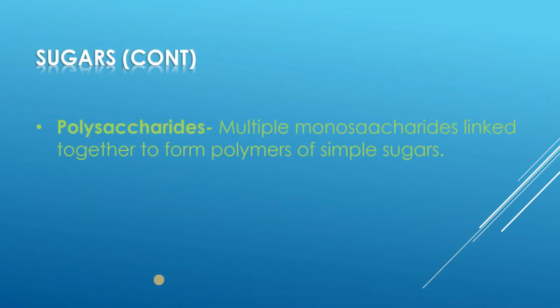Another term you might hear in the discussion of carbohydrates is the term polysaccharides. Again, word study: poly simply means many. Saccharum still means sugar, so it's a many-chained sugar. Notice my definition: multiple monosaccharides, forgive my typo here, linked together to form polymers. Remember, a polymer is a set of monomers pushed together, sets of individual particles.